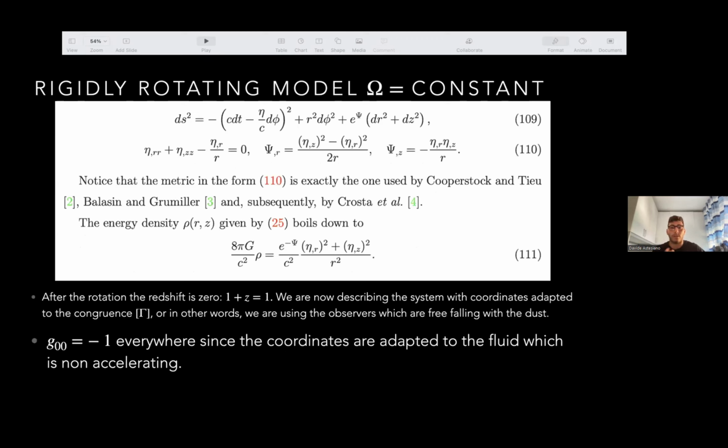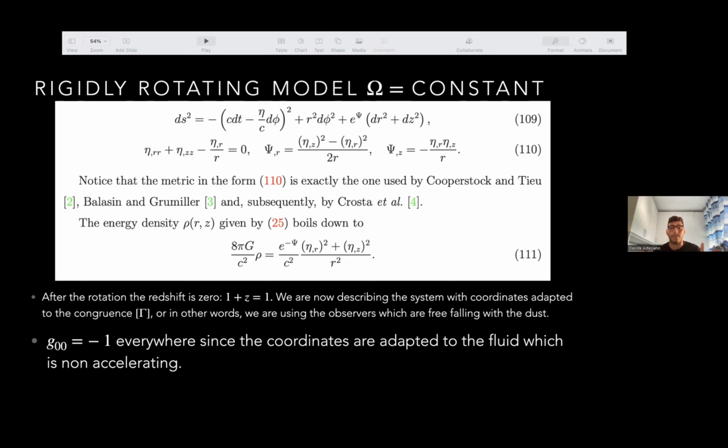Another way to understand this is that g_tt, the first term in the metric, is always -1 everywhere. Why? This always happens, as Professor Cattaneo showed, when you are describing a world line time-like congruence of a fluid with coordinates adapted to the fluid. So you're flowing with the fluid and you're not accelerating.